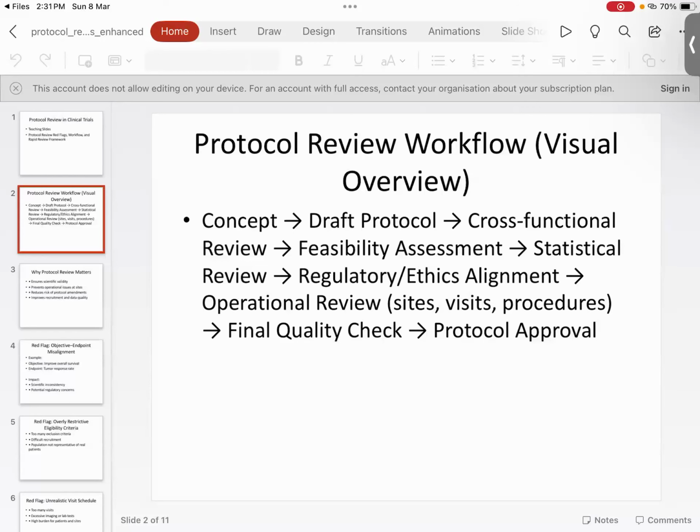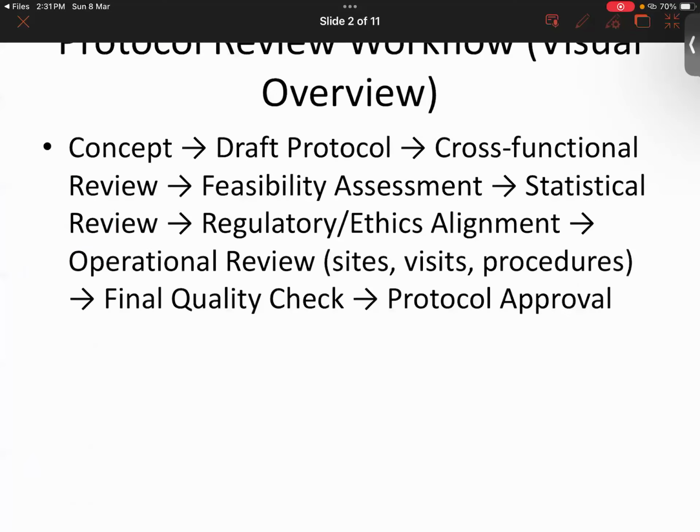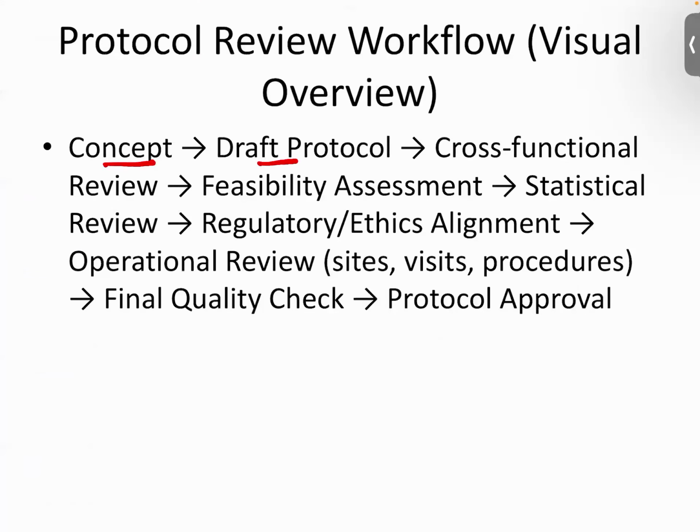We write a proof of concept, then based on that, we draft a protocol. That cross-functional review: maybe our MDs will review, maybe our investigators will also review. CDM team may be reviewing it. Regulatory affairs will be reviewing it. Patent attorney, they will definitely be reviewing it.